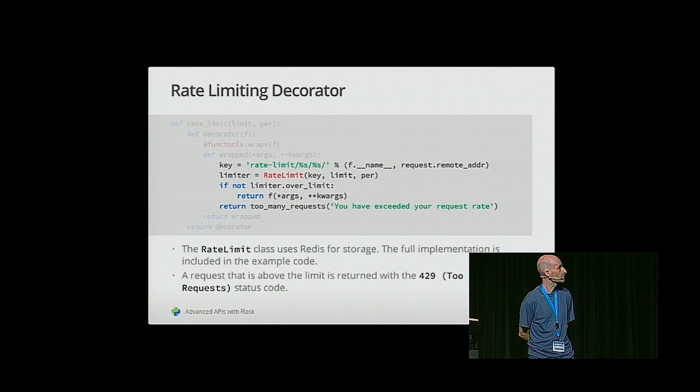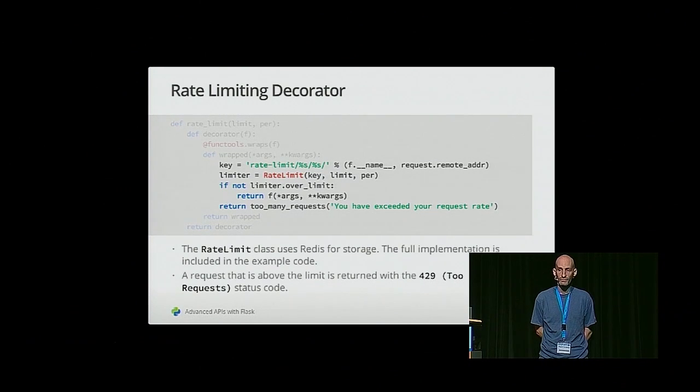But anyway, this works by assigning a unique key to the function that it's getting called, which is f.name, and the IP address of the client, which Flask gives me as remote address. So that's my unique key, and I give it to my rate limiter. And if the rate limiter says yes, I then call f, which is my original function.